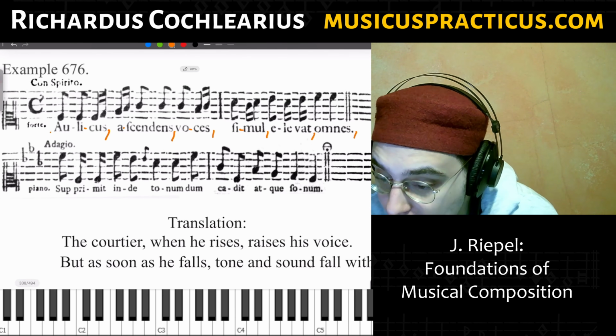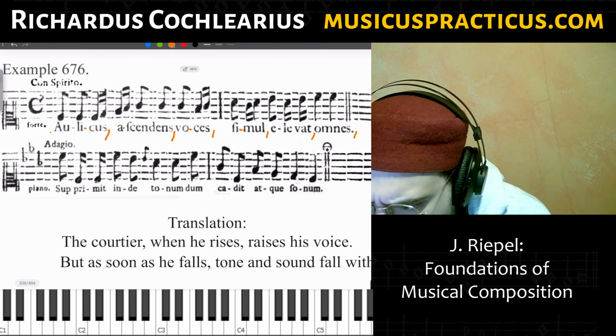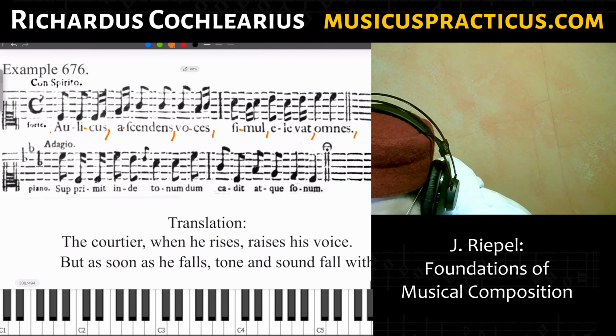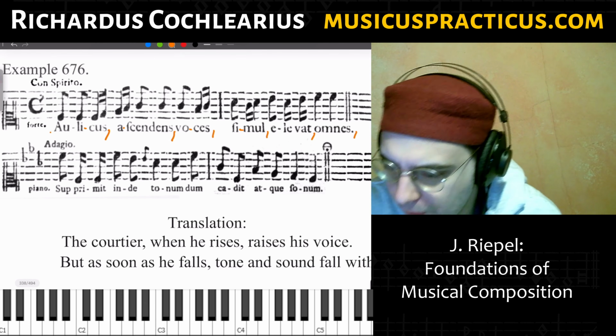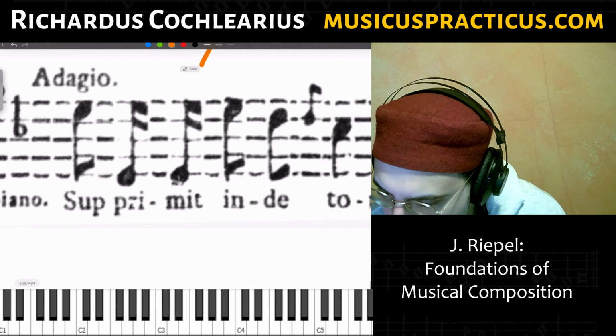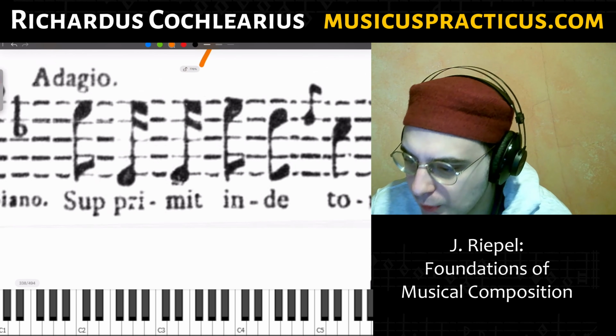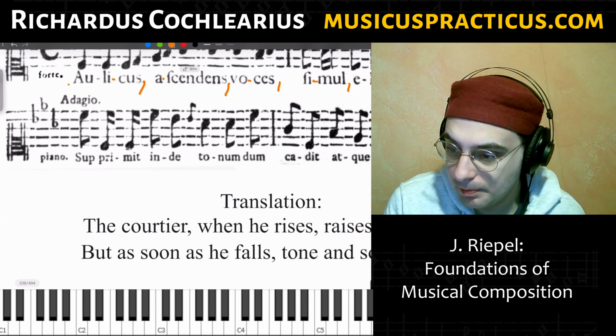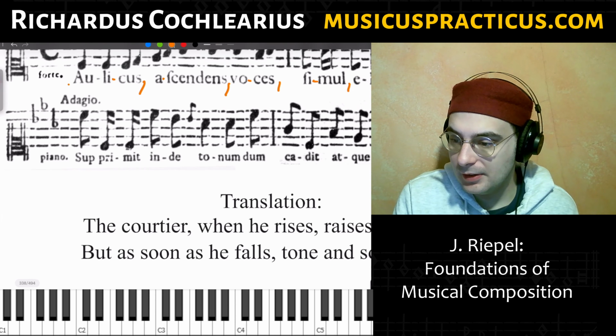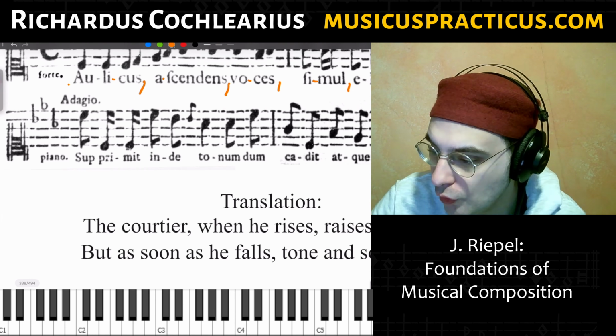Then piano, there is what's written supitz, what fucking letter is that? Between P and A. Supprimit in the tonum.